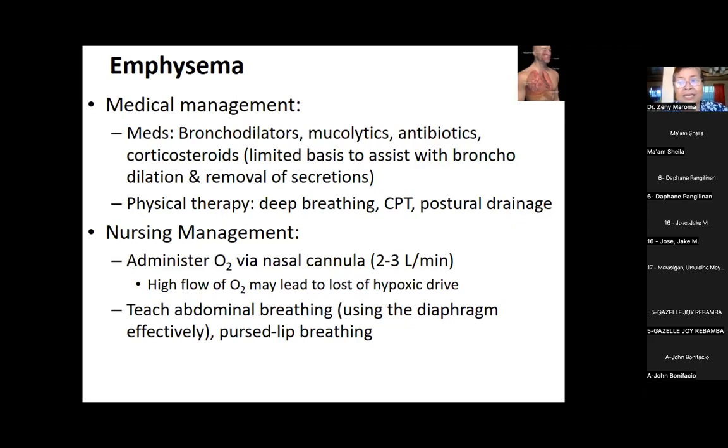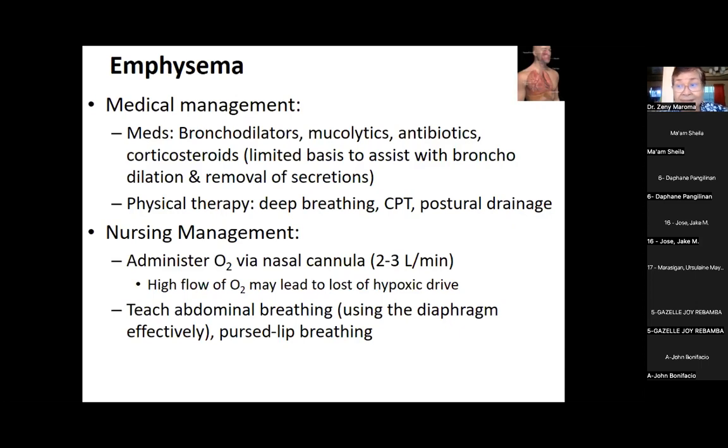Di ba? Normally, tayo, our primary chemical stimulus for breathing is slight increase in carbon dioxide, and secondarily, by low levels of oxygen. It will stimulate the main respiratory center, which is the medulla oblongata, to increase the rate and depth of breathing natin.